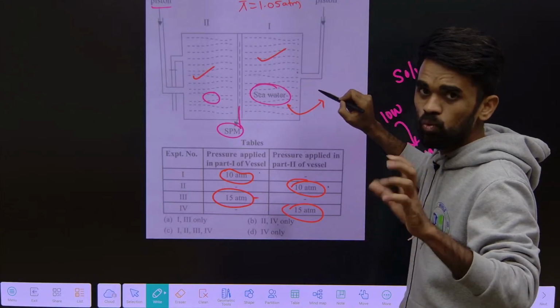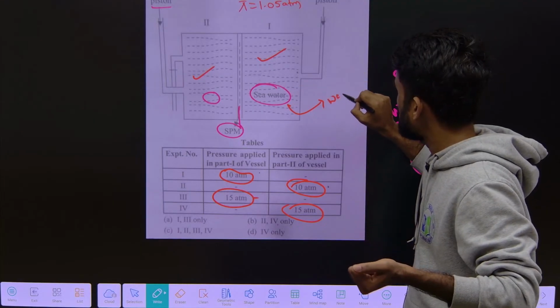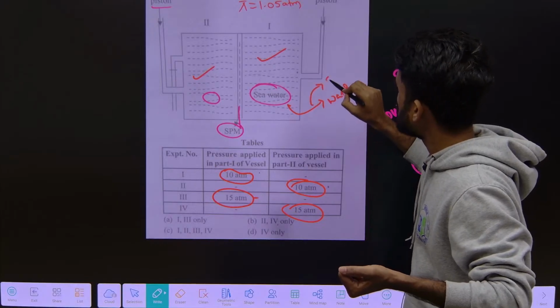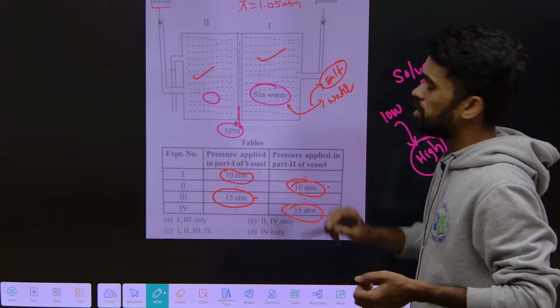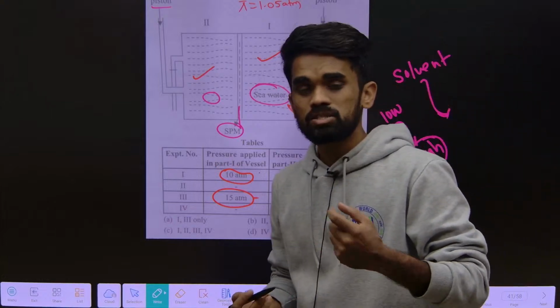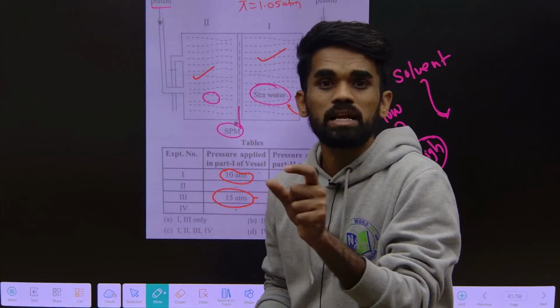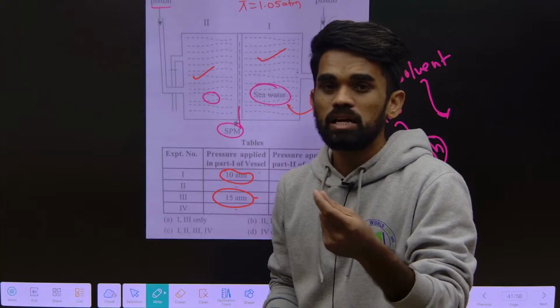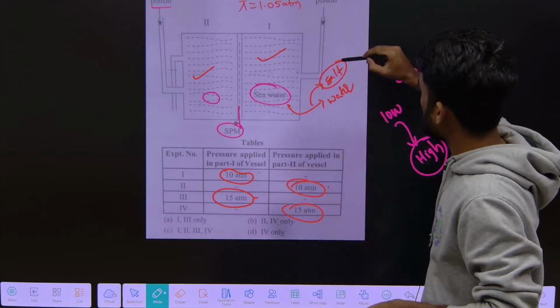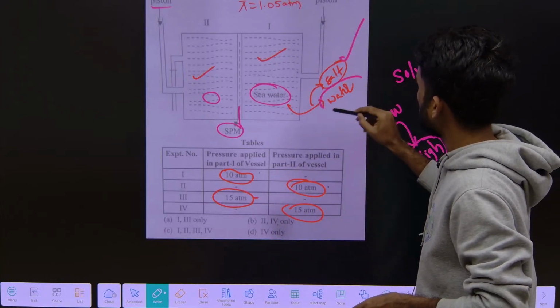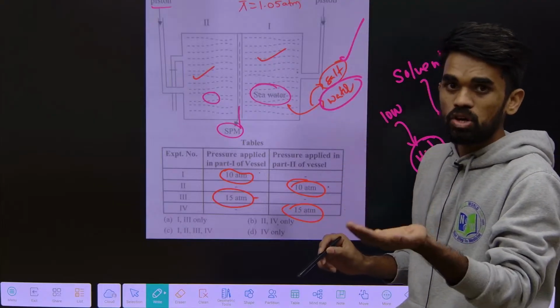Water is the solvent, and the solutes are the salts like NaCl. We know sea water has a salty taste, so the minerals, NaCl, MgCl2, whatever salts are there, are considered solute particles. The remaining water is the main solvent.